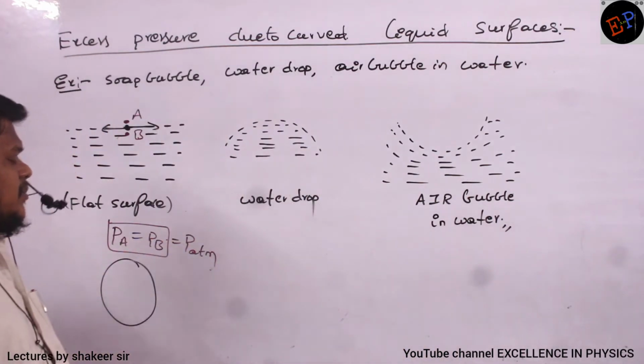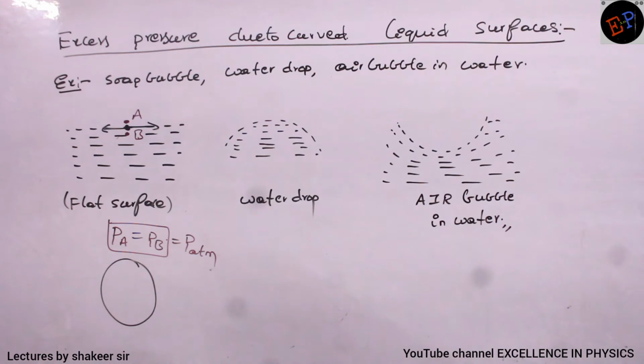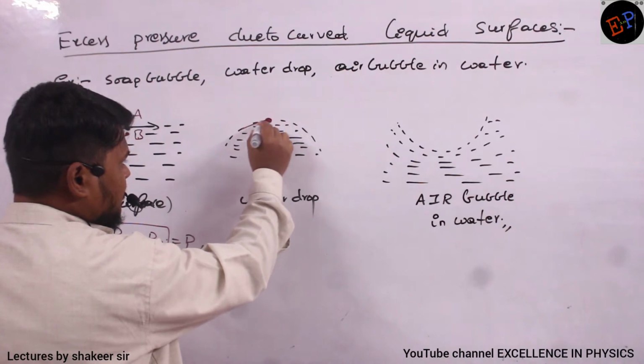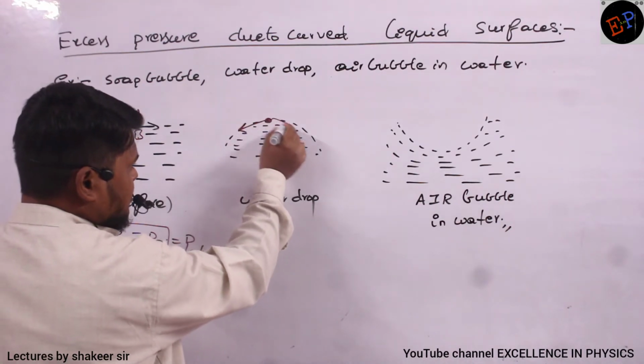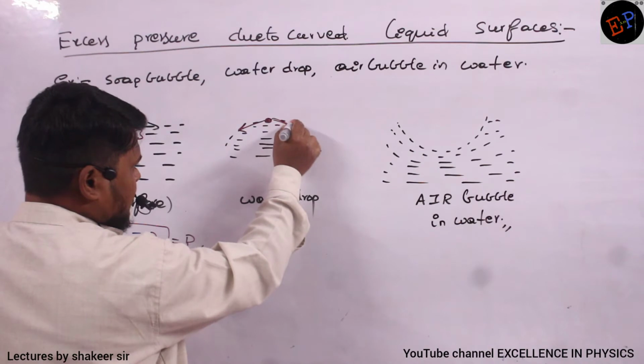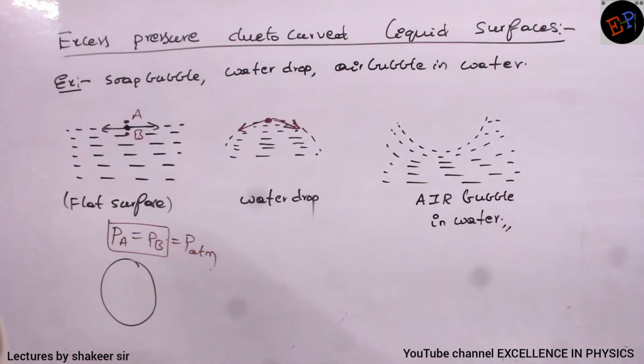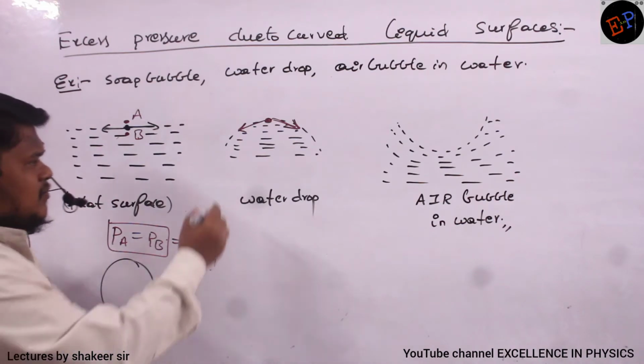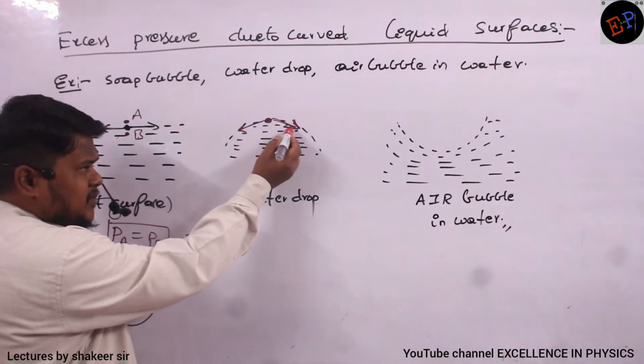Clear? But if you take this curved surface, for example, a drop of water, okay ma? If you take one molecule here, this molecule will be pulled by surface tension forces in a curved fashion. So like this surface tension forces will be acting, no? Because it is a curved surface. Are you able to understand, ma? One molecule will be here, one molecule will be here.